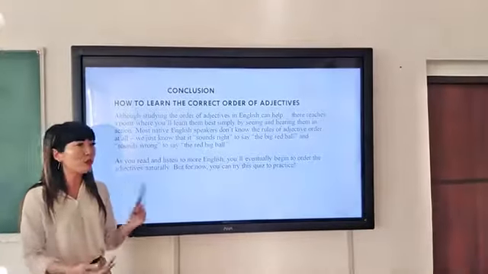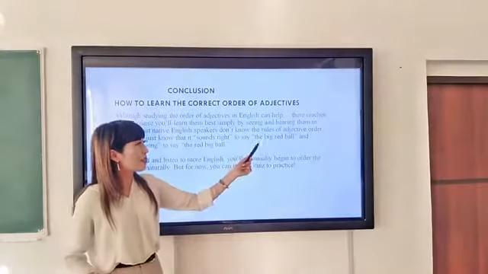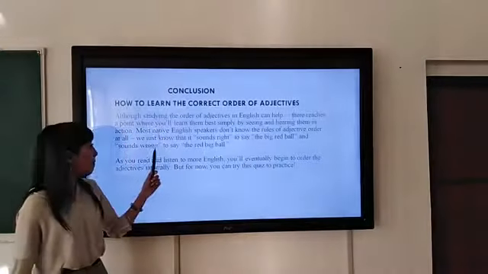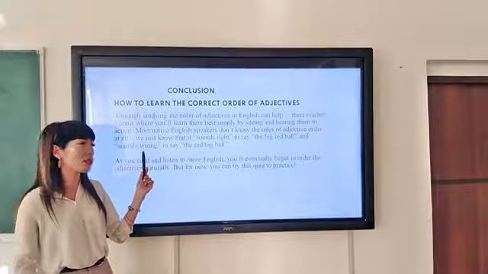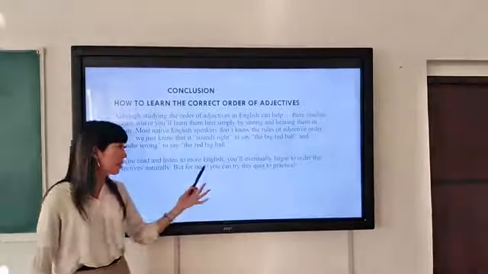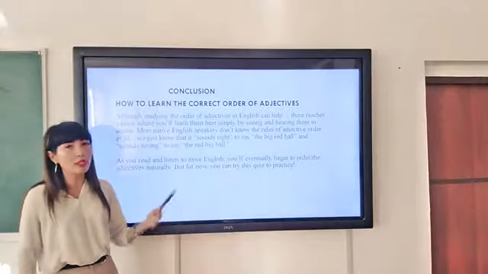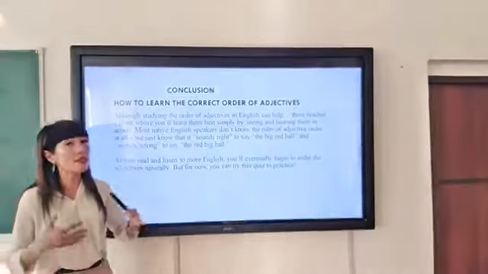We just know that if it sounds right, like big red ball, yes, it's the correct order of adjectives. If we say red big ball, we can feel that it sounds wrong, and they know in this way. So you should try to read and listen to more English and eventually begin to order adjectives naturally.